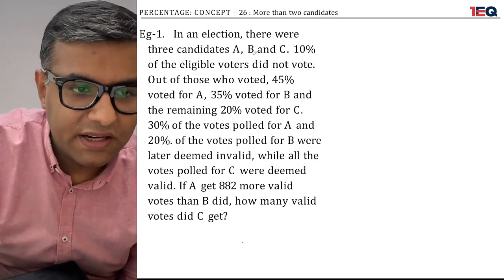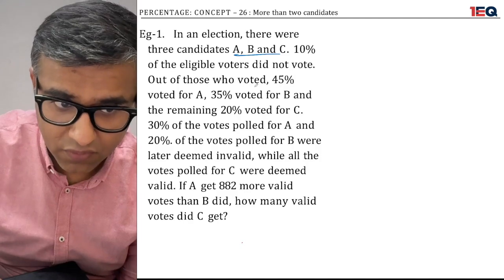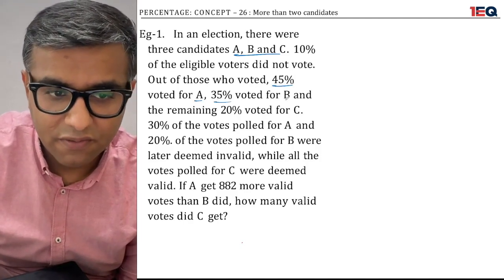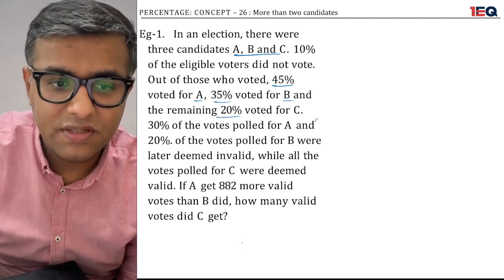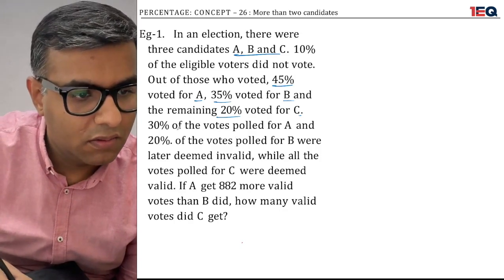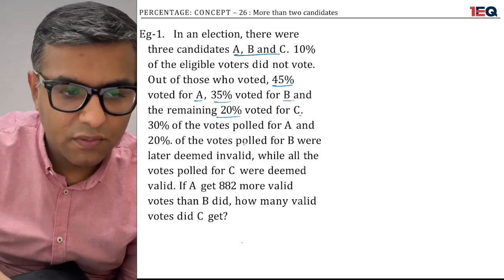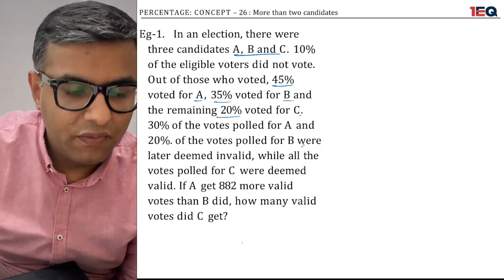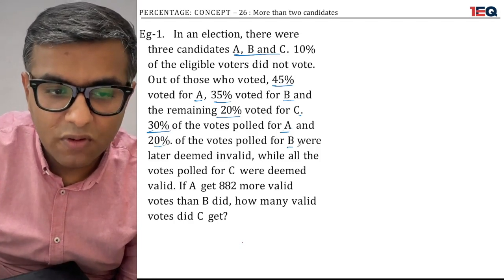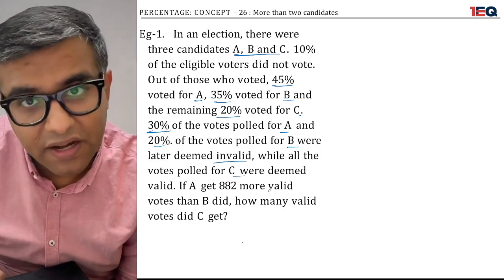In an election, there were three candidates, A, B, and C. 10% of eligible voters did not vote. Out of those who voted, 45% voted for A, 35% voted for B, and the remaining 20% voted for C. 30% of the votes polled for A and 20% of the votes polled for B were later deemed invalid, while all the votes polled for C were deemed valid.